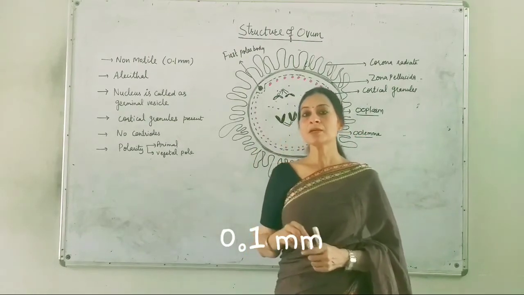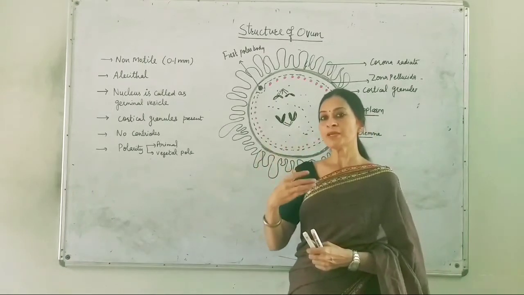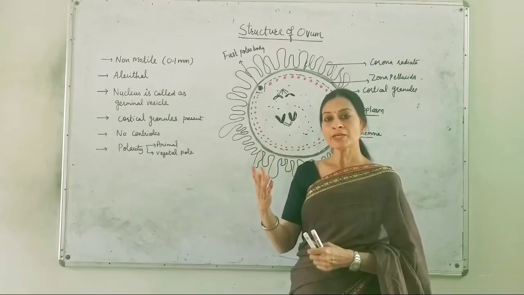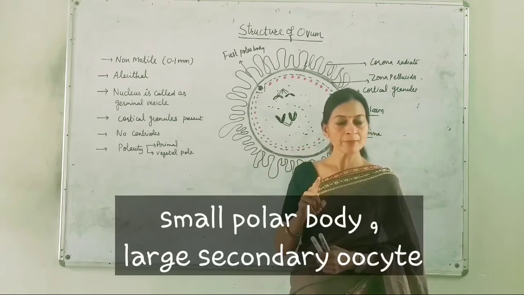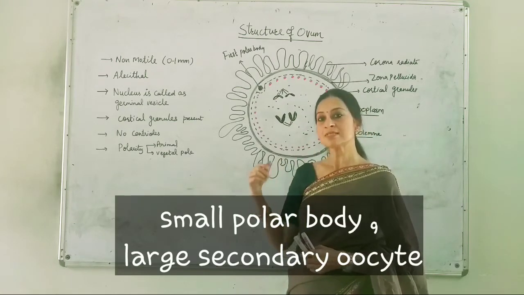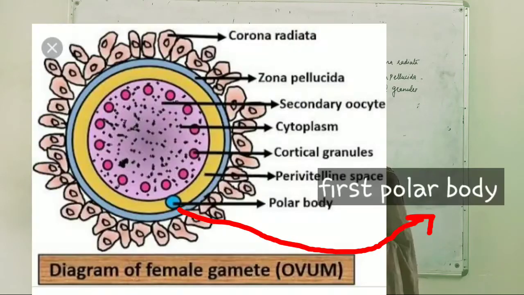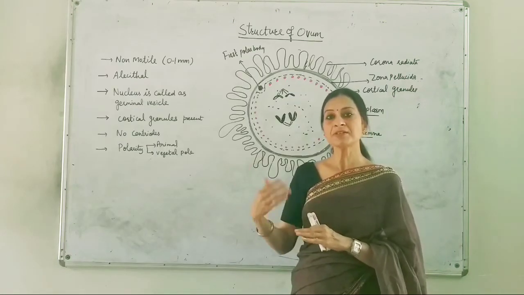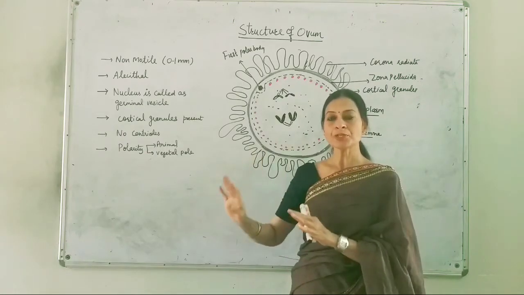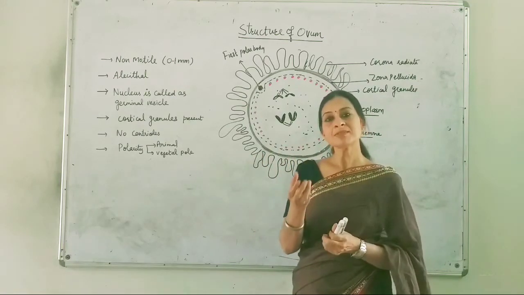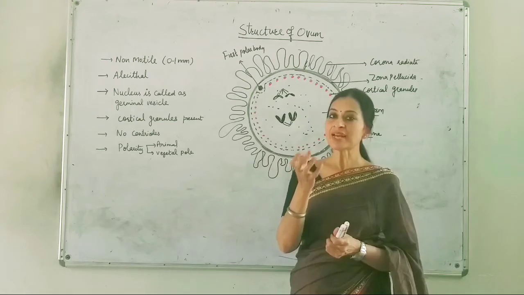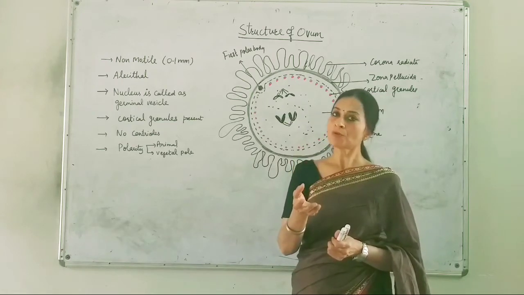Because we have studied that when oogenesis was taking place, from the primary oocyte, two unequal sized cells were formed. One was the polar body and the other was the secondary oocyte. The size of the secondary oocyte is large because most of the cytoplasm of the primary oocyte after division is given to the secondary oocyte, while the polar body was small in size because it got a very small amount of cytoplasm.